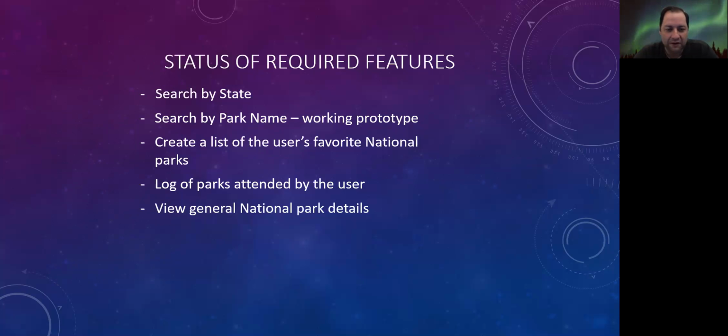And then the log of parks attended by the user will follow shortly after that. I'm currently working on a screen for viewing the general national park details on a screen of its own, and we hope to get that done in the next couple of days. Alejandro will cover these stretch features on the next slide.